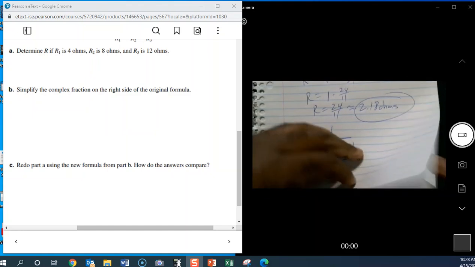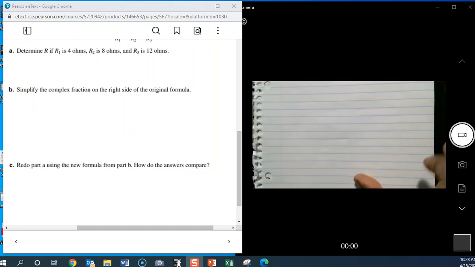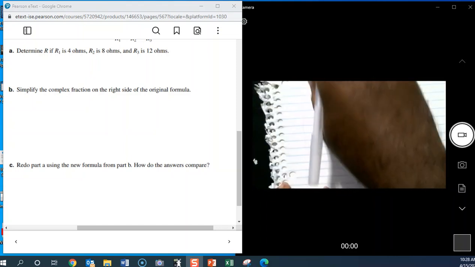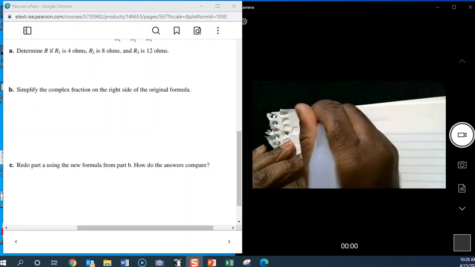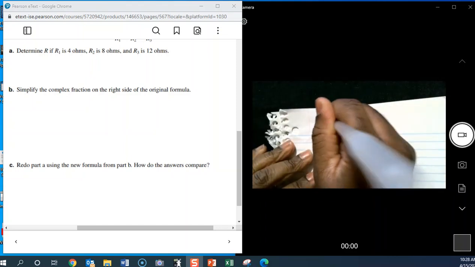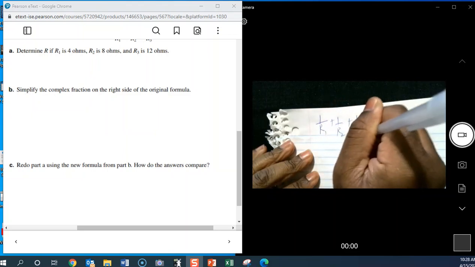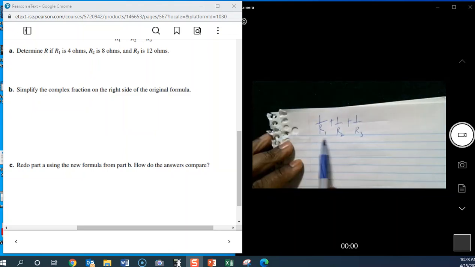So let me get another sheet of paper because we're going to need a little bit more space here. I'm just going to concentrate on the denominator for right now. So 1 over R1 plus 1 over R2 plus 1 over R3. And we determined that the common denominator of all three of these is R1, R2, and R3.